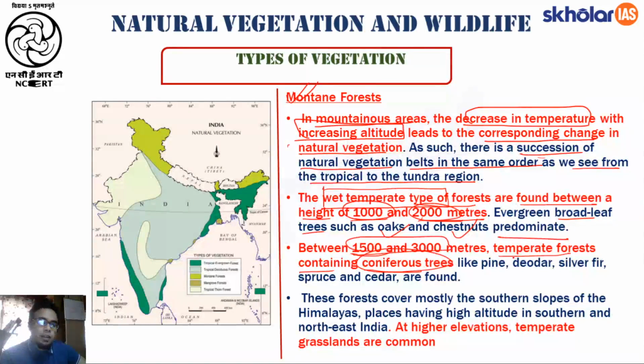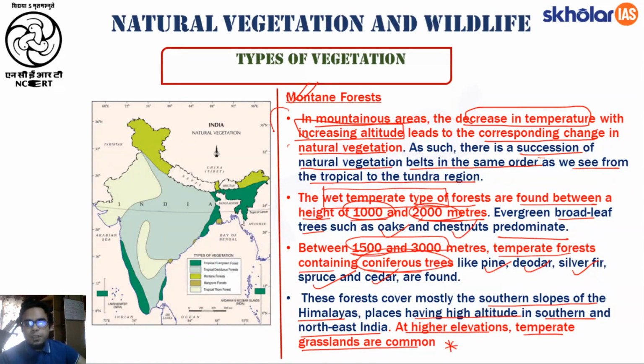This includes examples like pine, deodar, silver fir, spruce, and cedar as well. This forest covers mostly the southern slopes of the Himalayas and places having high altitude in southern and northeast India. And at higher elevations, temperate grasslands are very common.